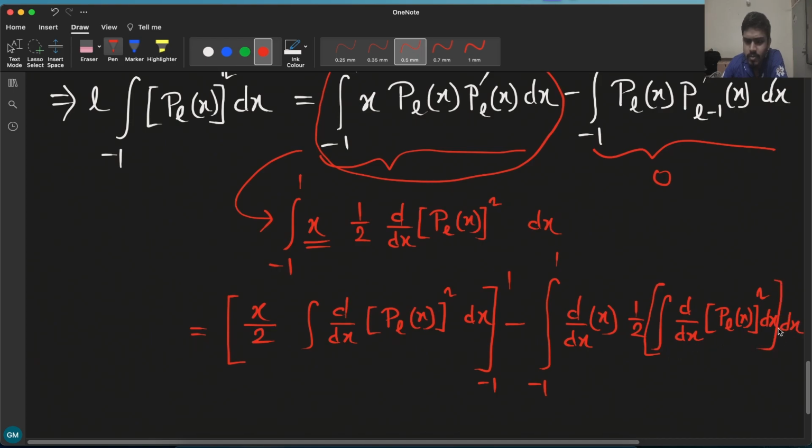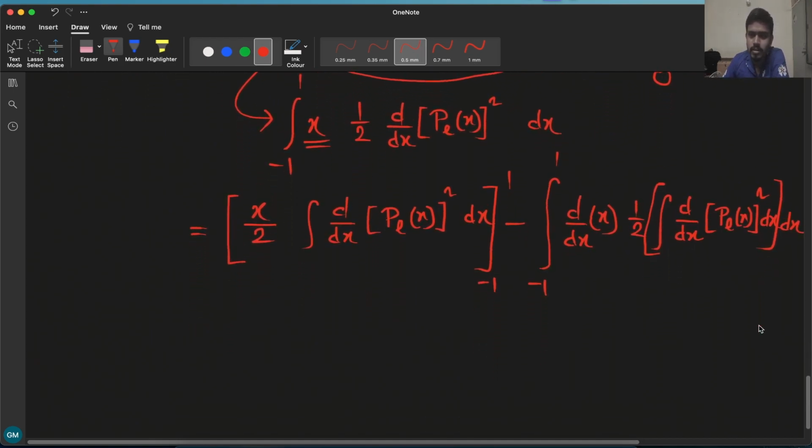This is the integration by parts, or partial integration.